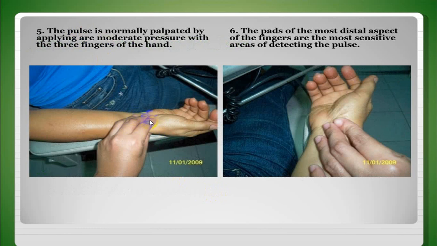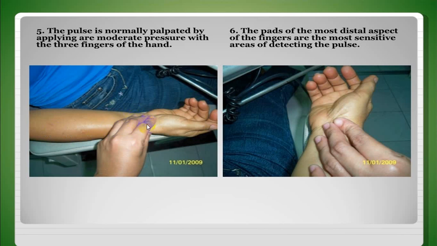You can see this is one way of palpating. This is the index finger, which is distal most, while the ring finger is proximal. When you are using this, this becomes the obliterating, this is the regulating, and this is the palpating finger.